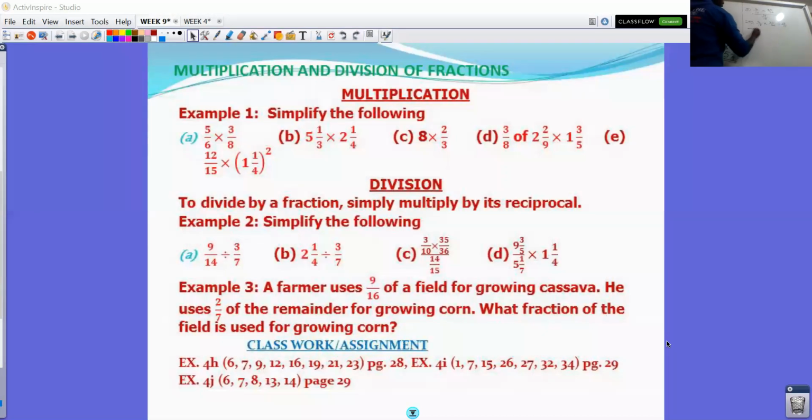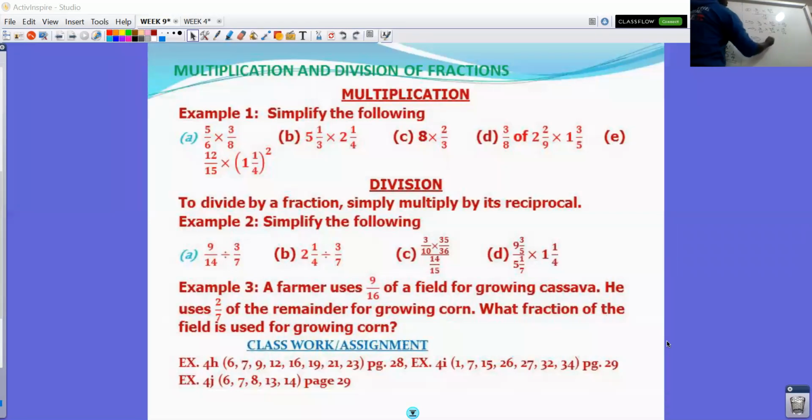So in this case, I have 3 over 10 times 35 over 36, then times 15 over 14. I've been able to change the division sign into multiplication, then I've reversed the numerator and denominator. So from here, it has changed to multiplication of fractions. So we'll continue from there.